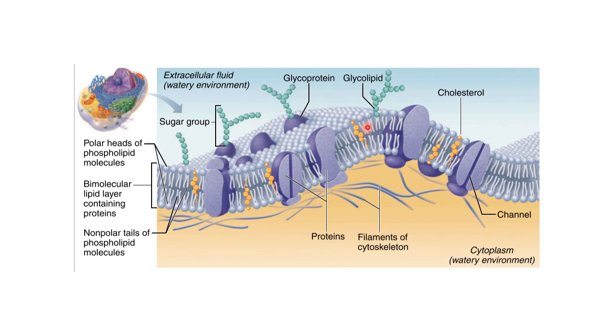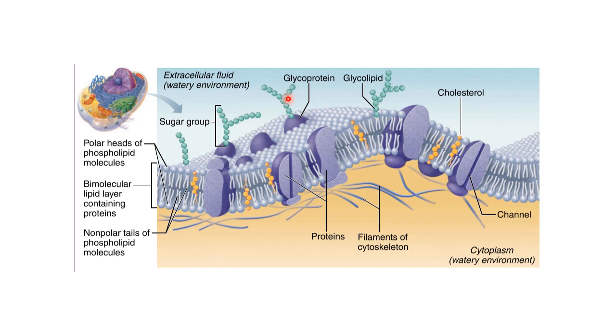You can also see here that some of the proteins and even the phospholipids, there is an associated sugar group. So these sugar groups orient themselves into the extracellular fluid or the outer space, and this is how the immune system recognizes that the cell is part of the self, okay?